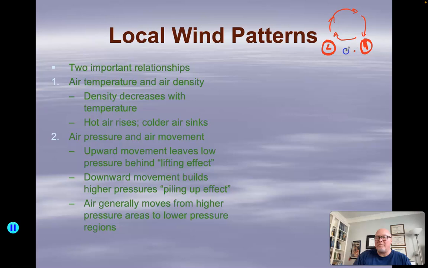Wind moves from areas of high pressure to areas of low pressure. Okay, so this wind would be moving in this direction. So air generally moves from areas of high pressure to areas of low pressure.